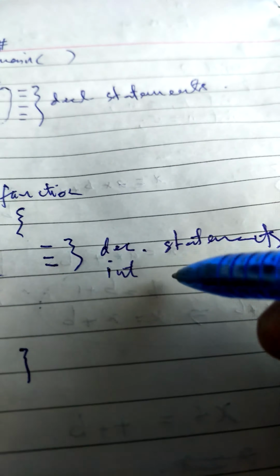So in this case, we call this a global variable. So we can differentiate between local variable and global variable. Global variable can be used here as well as here, but the local variable can only be used in that particular function.